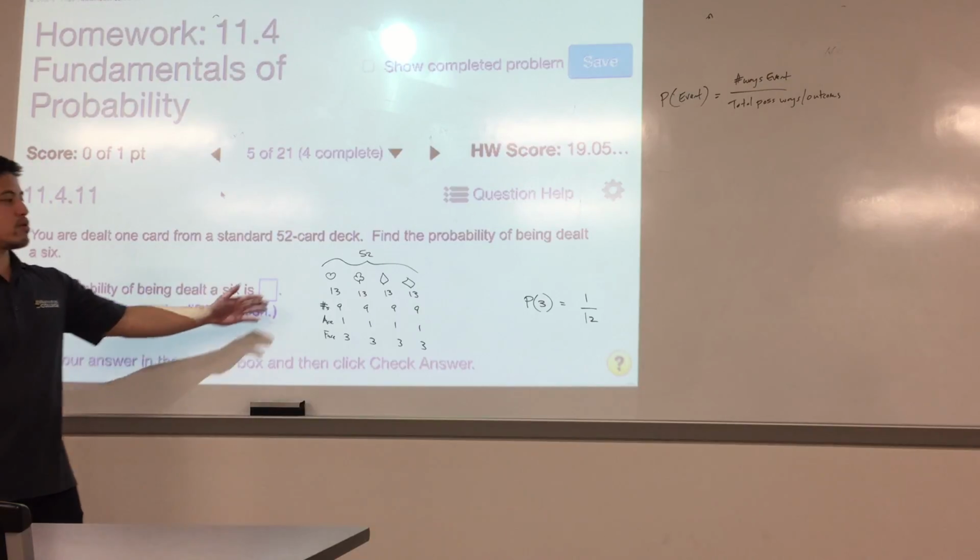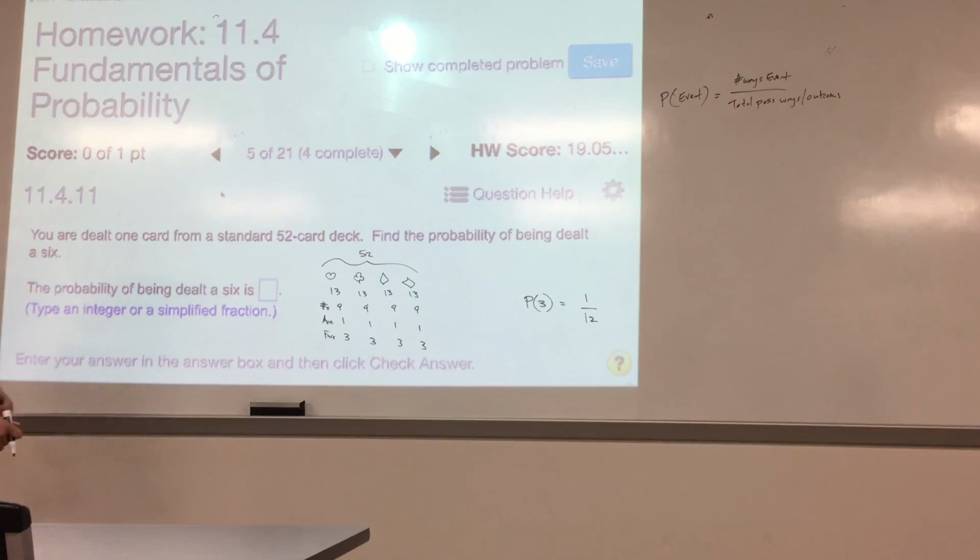So with that said, once you know your cards and your suits and how they're broken up into numbers, ace, and face, then we can answer these questions. You are dealt 1 card from a standard 52 card deck. Find the probability of being dealt a 6.